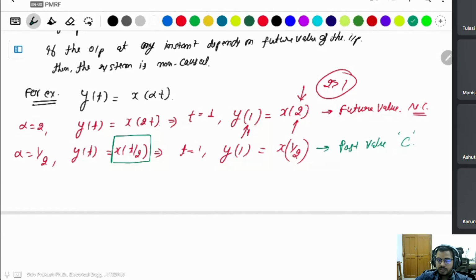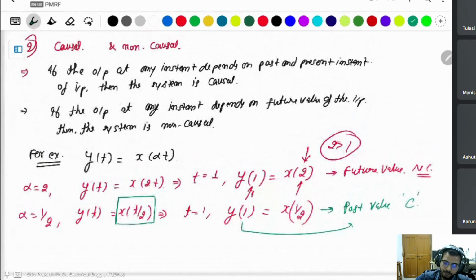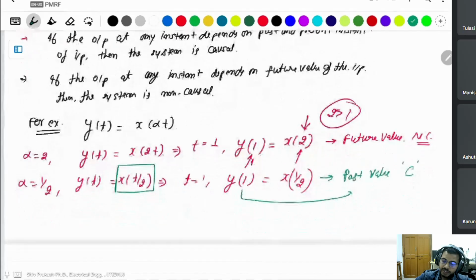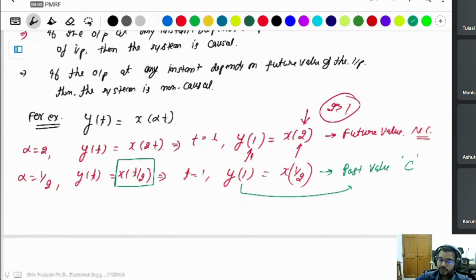You can put t is equal to 1 and get x(1/2), but you can't directly say the system is causal, because that is true only at this instant. By definition, if the output at any instant depends on the future value, it is non-causal; this is only one instant that you calculated.